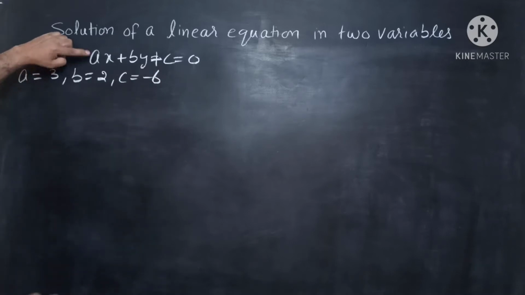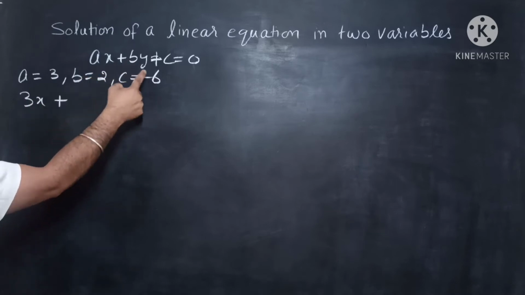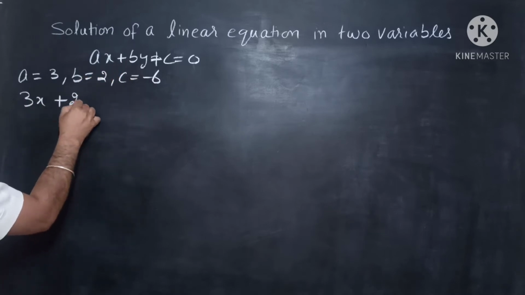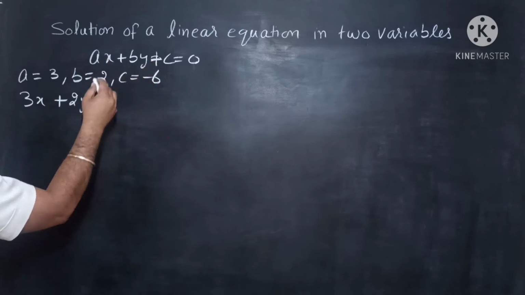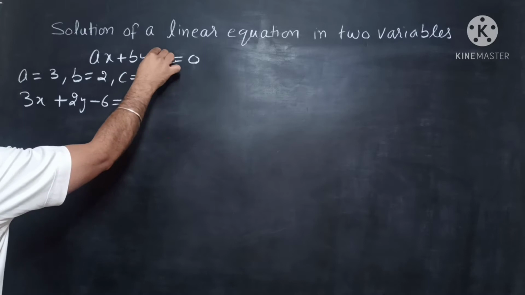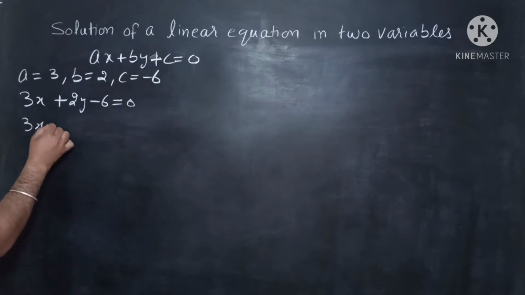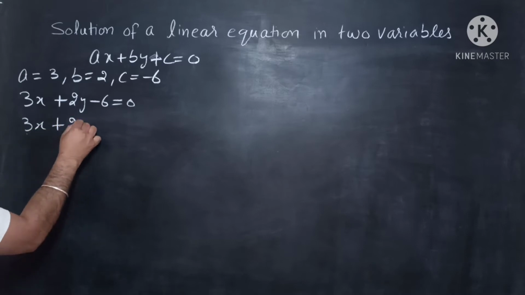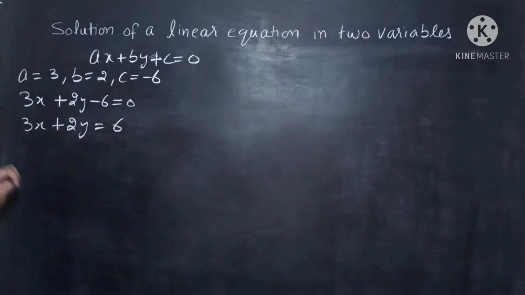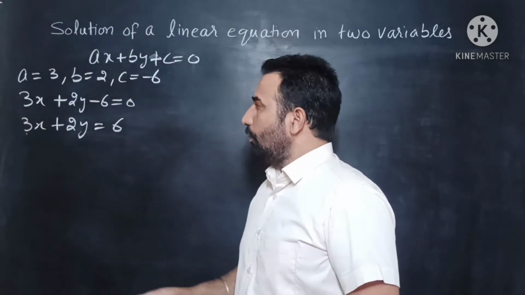So the term with a is 3x, the term with b is 2y, and the value of c is minus 6, equal to 0. We can write it like that also: 3x plus 2y equal to 6. This is a linear equation in two variables.